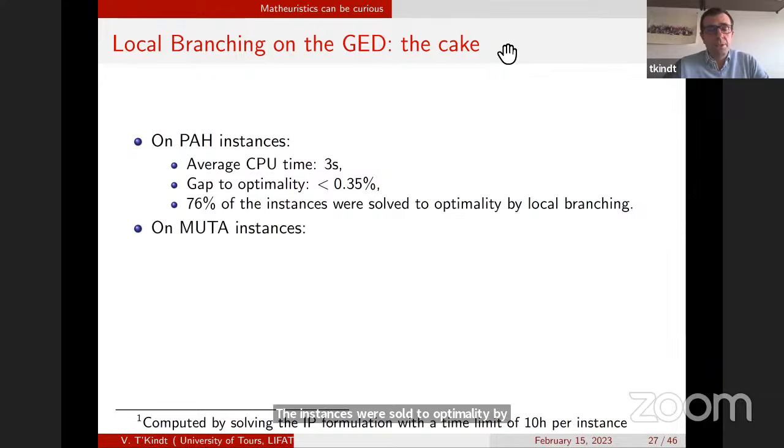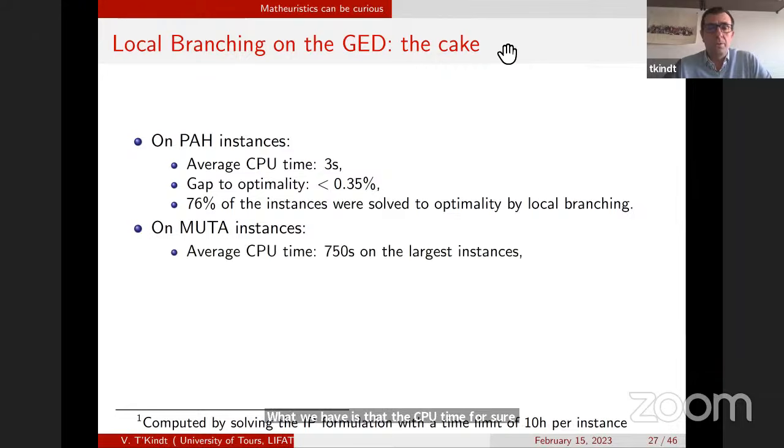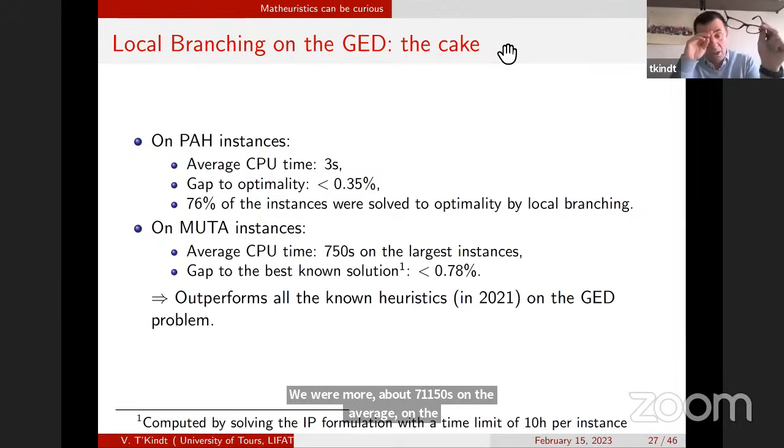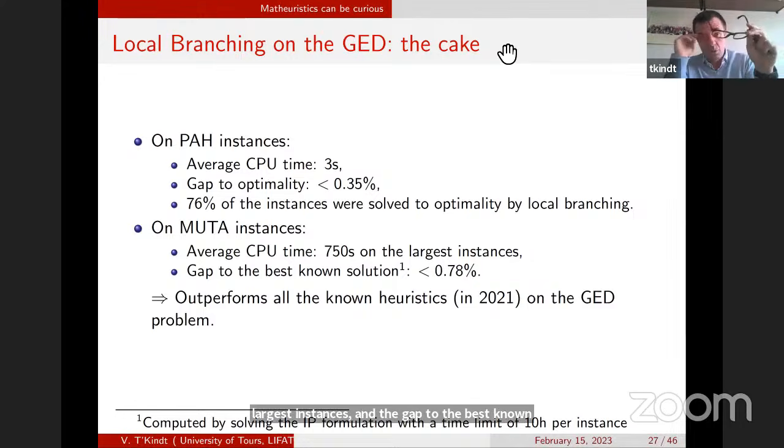On the hardest instances, the CPU time for sure is much higher. We were at about 750 seconds on average on the largest instances. And the gap to the best known solution was below 0.8%, which is still very low. And in 2021, this Matheuristic was outperforming all non-heuristics for this problem. So it was really good.